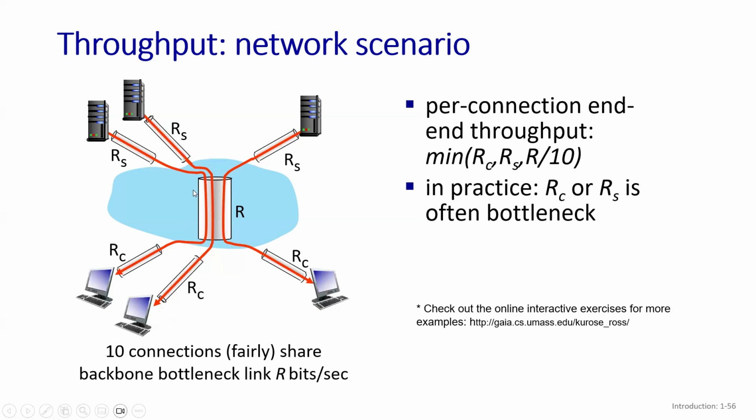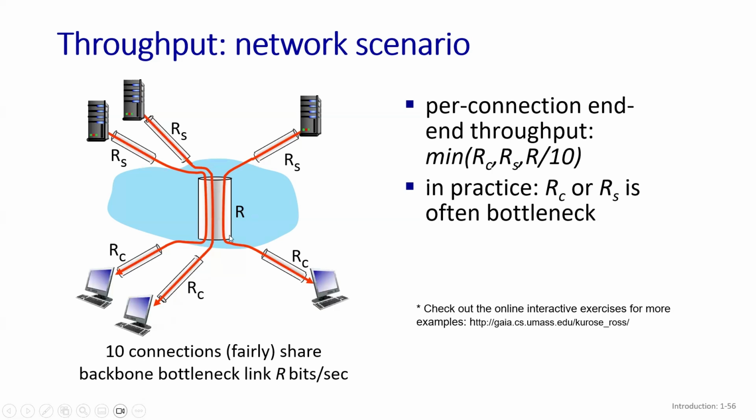We have three kinds of transmission rates: Rs bits per second, Rc bits per second, and R/10 bits per second. In this particular case, whichever is the minimum among these three is going to be the end-to-end throughput. What I mean is that if Rs is, for example, 5 megabits per second, Rc is 10 megabits per second, and R/10 is 12 megabits per second, then Rs is the bottleneck, so the end-to-end throughput is 5 megabits per second.